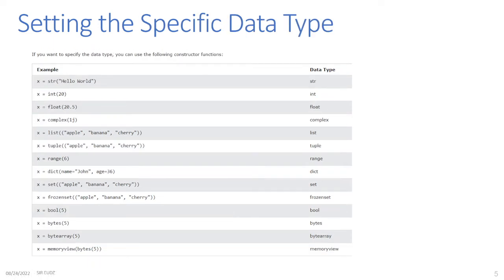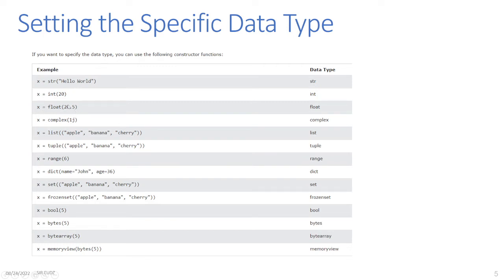Setting the specific data type. If we want to set a specific data type, we can use casting. For example, x equals str "Hello World" means that x is a string. x equals int 20. x equals float 20.5.